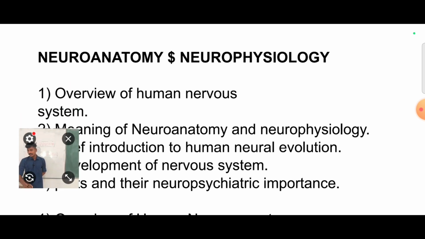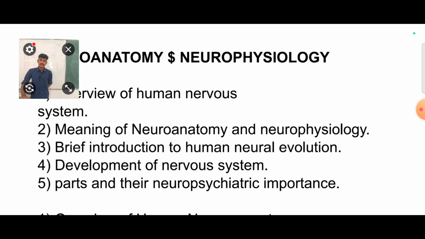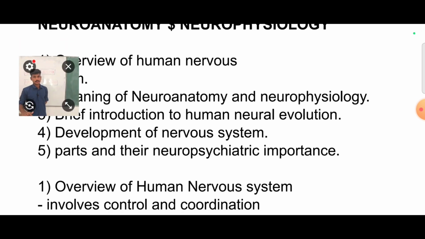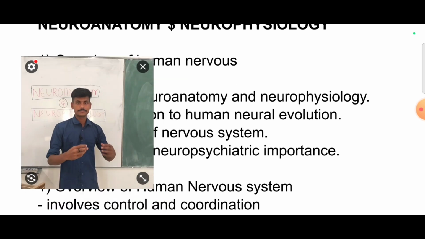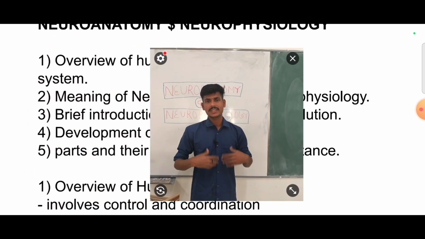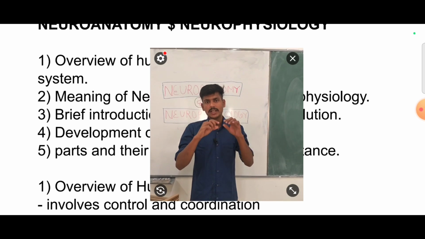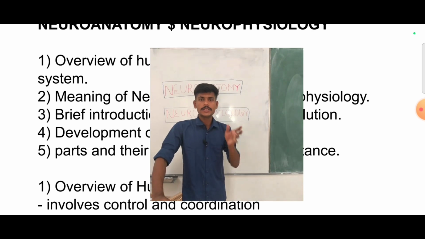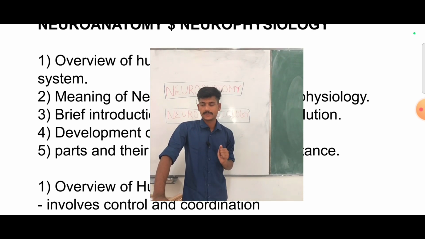Then in another topic, the development of the nervous system, we will see the embryological aspect, how the newly formed fetus inside the mother's womb starts developing, with formation of the neural tube, and then eventually transforms into the proper mature nervous system.